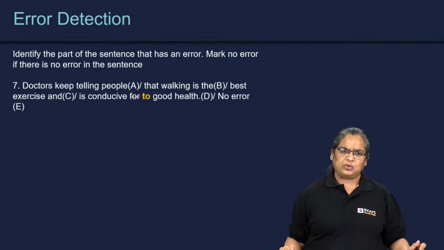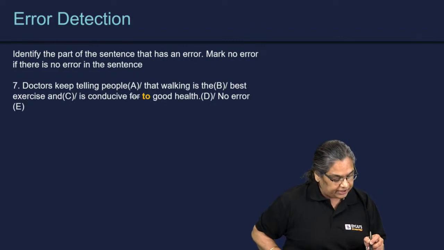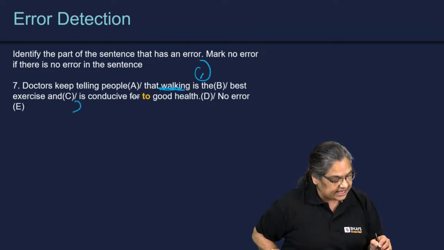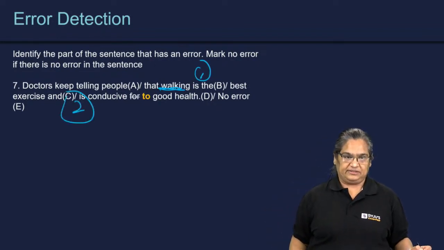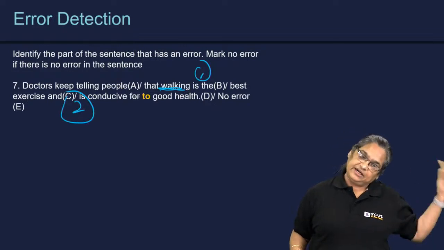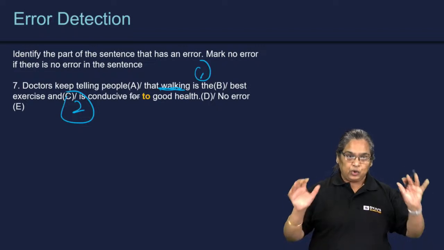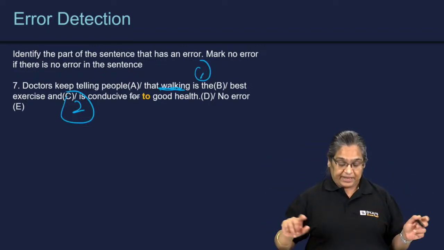We are talking of walking, so no extra is needed. Walking is the best exercise and is conducive to good health. No need for it, it's understood. So there are 2 clauses here, because we are not making it parallel.